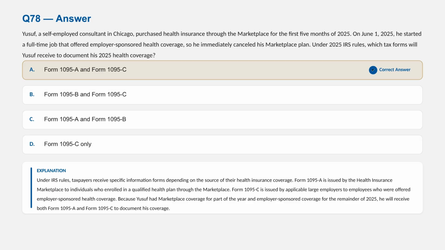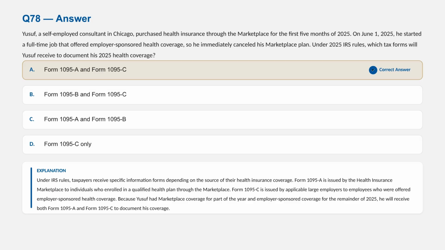Form 1095C is issued by applicable large employers to employees who were offered employer sponsored health coverage. Because Yusuf had marketplace coverage for part of the year and employer sponsored coverage for the remainder of 2025, he will receive both Form 1095A and Form 1095C to document his coverage.